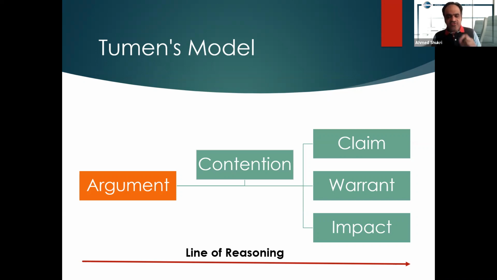Before going into the actual elements of your argument, we have to point out an important part of your argument, which are known as contentions. And contentions are the limitations that define your argument. If there are elements that you are not going to include in your argument, then you need to build the necessary contentions for it. Contentions are important so that your arguments are not general but specific.